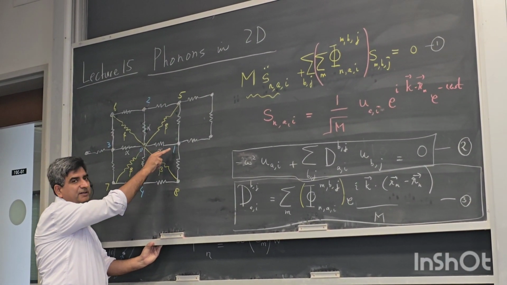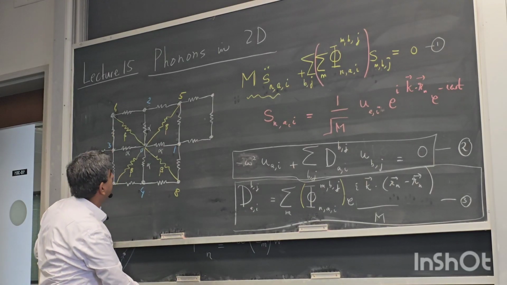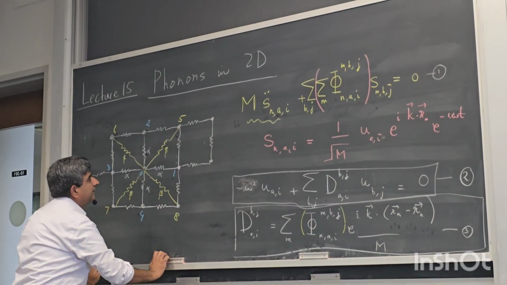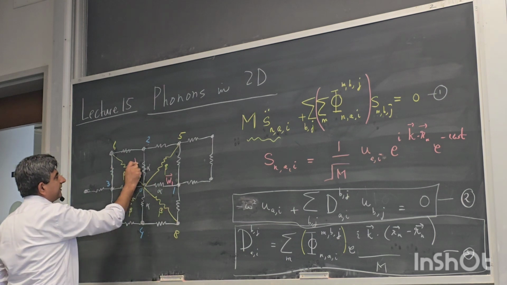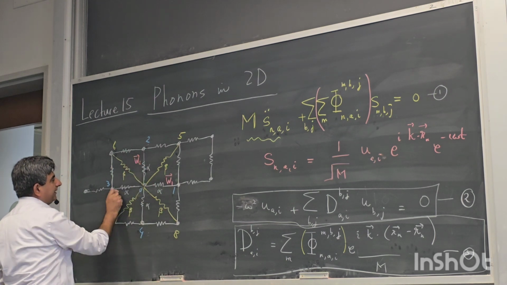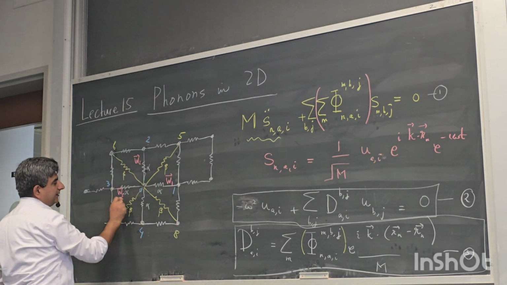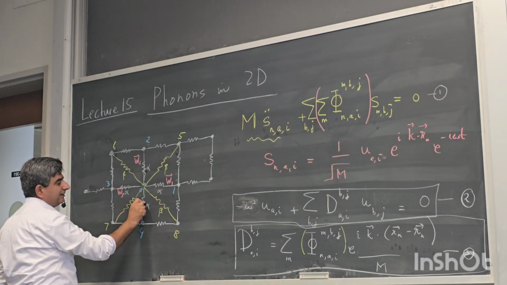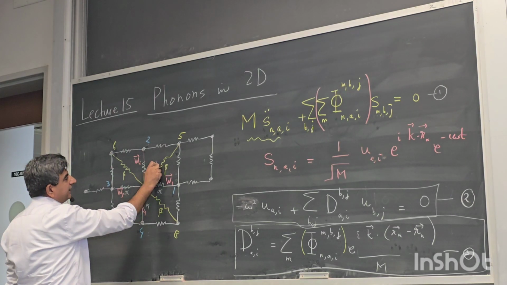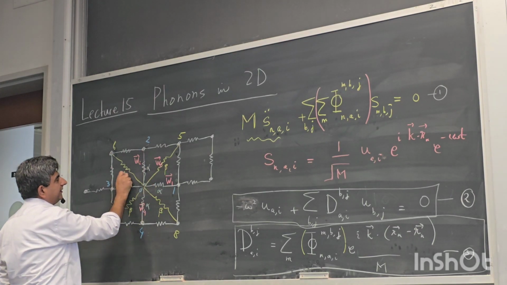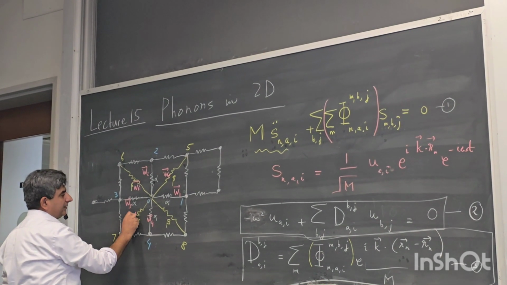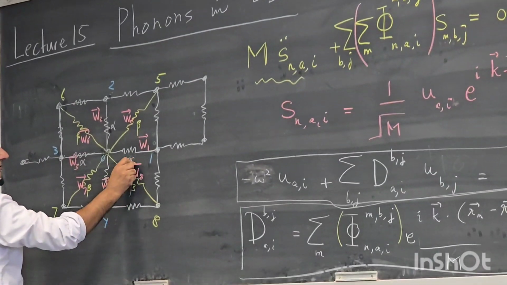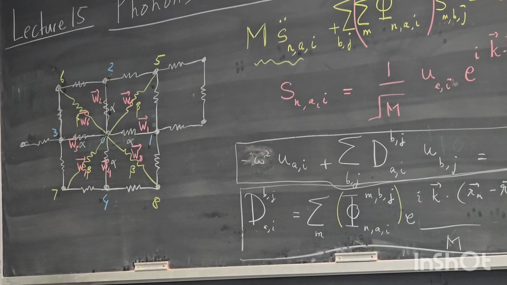Let's call this vector W1. So for convenience, this vector is W1, this vector is W2, this is W3, this is W4, right? Let's call this vector W5, this vector W6, this vector W7, and this vector W8. So I have these 8 vectors.